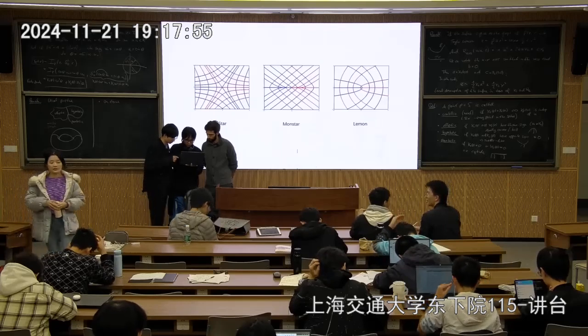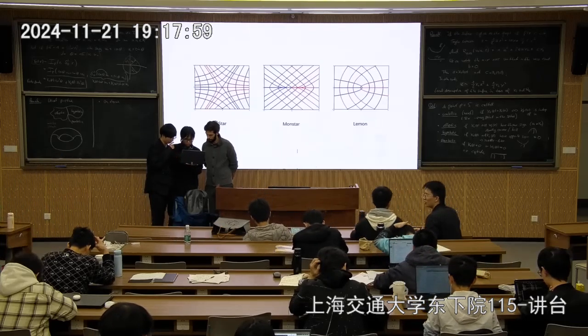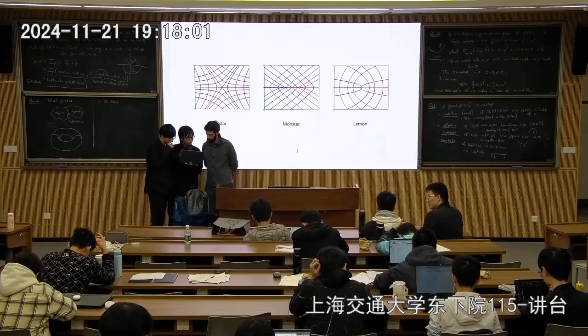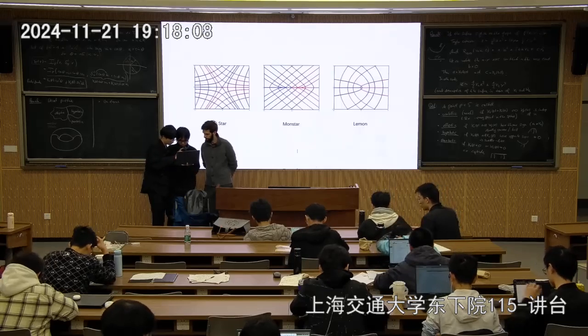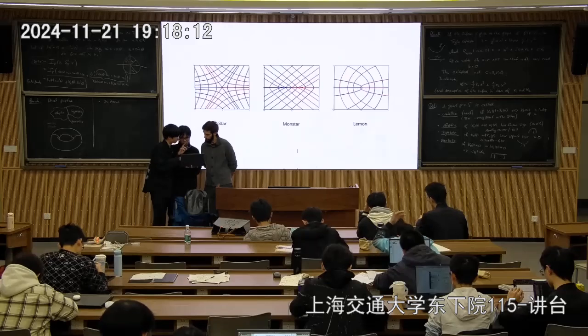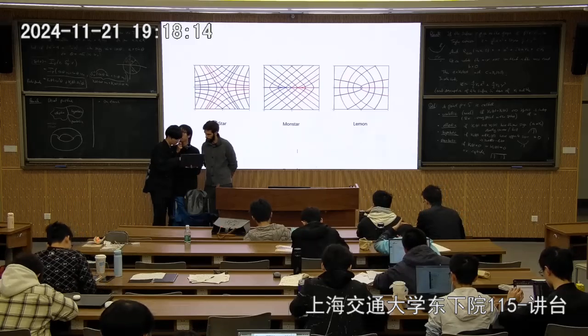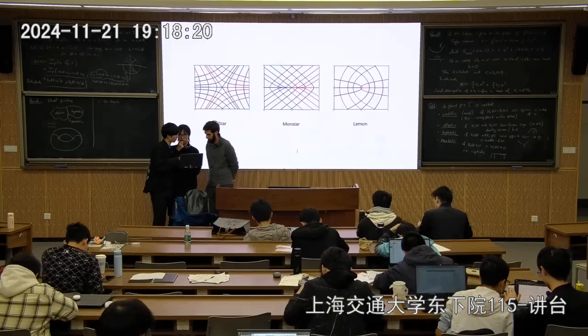The question is, how can we derive this equation from this equation? For each i and j, this one is a vector. This one is not a number, so it is not a matrix, right?